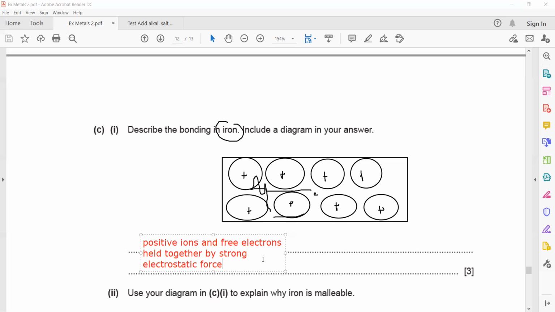That's known as strong electrostatic force between positive ions or cations and electrons.